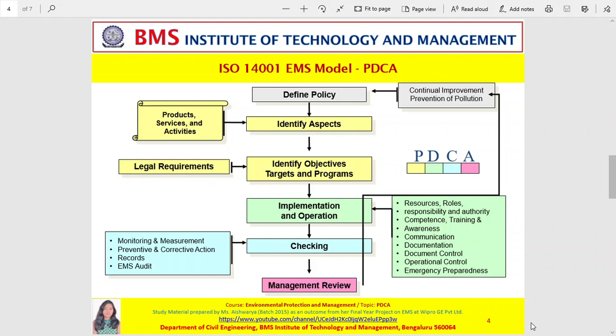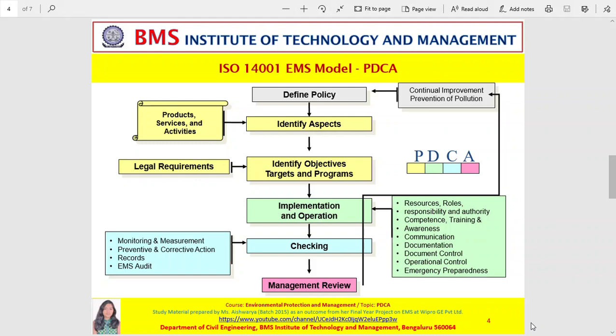The 5 major elements of ISO 14001 and the environmental management system are namely policy, planning, implementation and operation, checking, and management review. Now, the first element being a policy. An organization needs to define its policy.